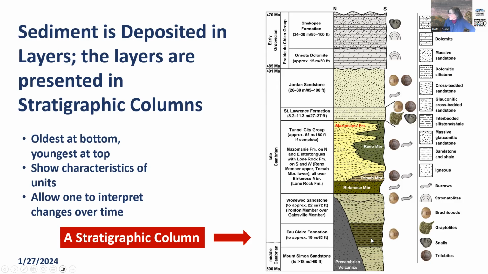And once we start looking at a stratigraphic column, that's when we can start thinking about how everything has changed in this one place over time. And that's because this stratigraphic column will be for one location.